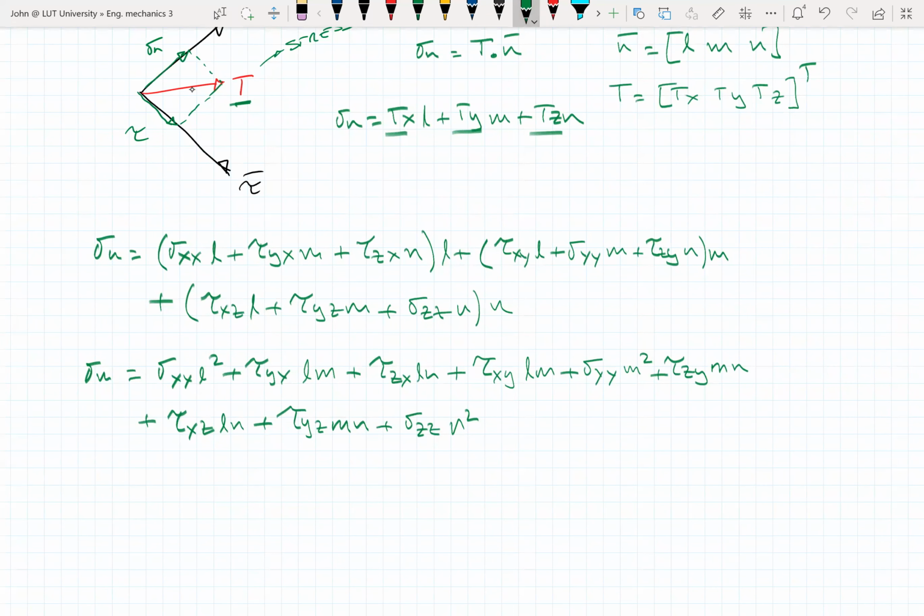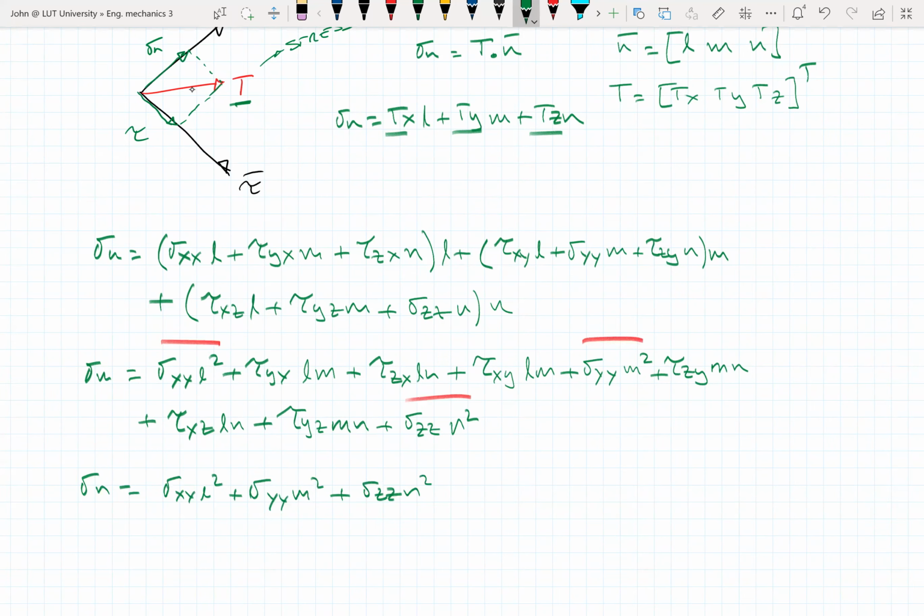As I mentioned, I'm going to arrange the terms. I'm going to take the normal stresses first. I will have sigma x L squared plus sigma y m squared plus sigma z n squared.